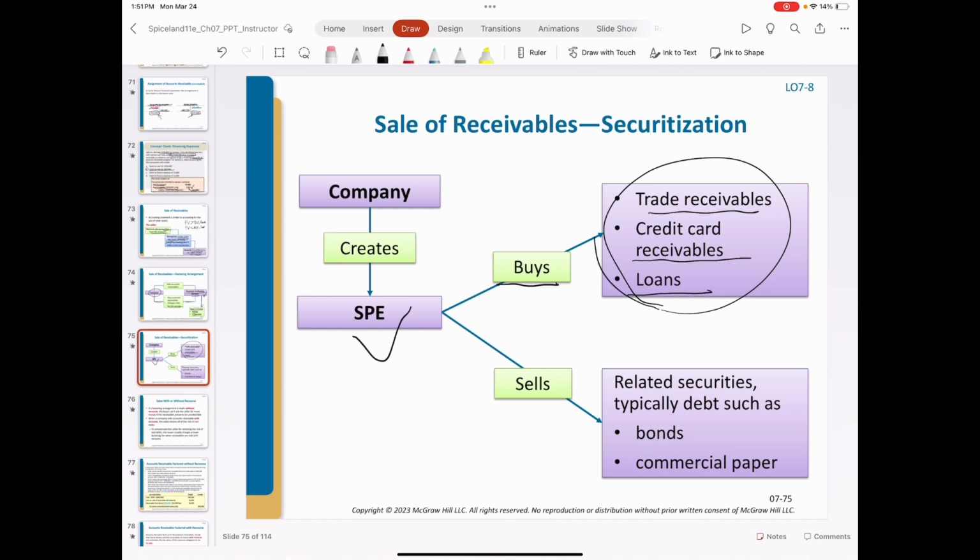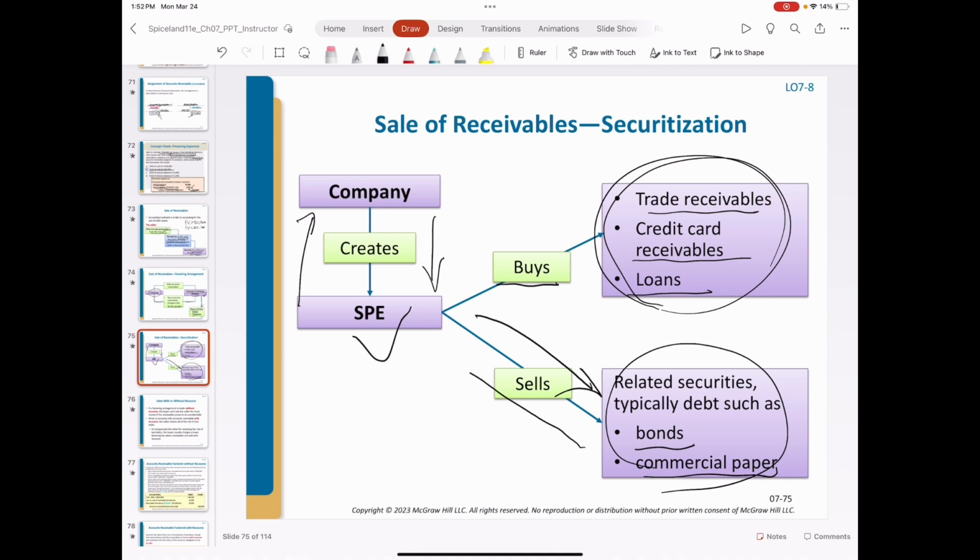So the SPE will securitize them into bonds or commercial papers and then issue them. So the SPE buys from the company, pays the company. The securitization actually is sold to the investors for cash, and the cash returns back to the SPE.